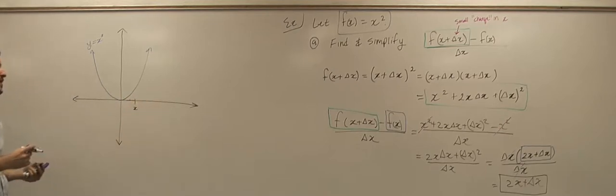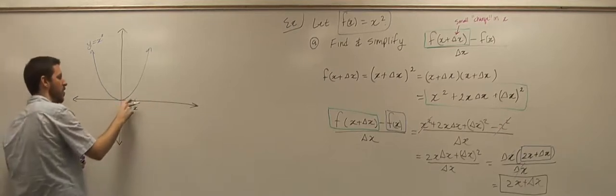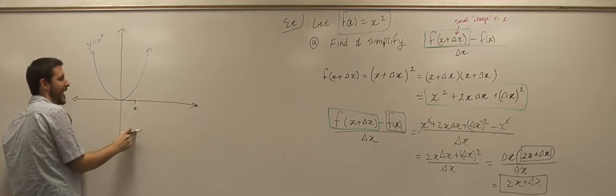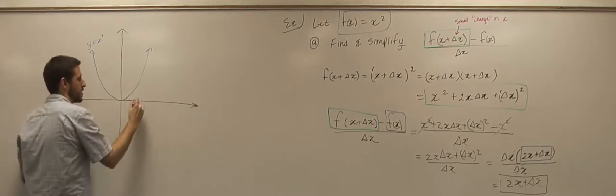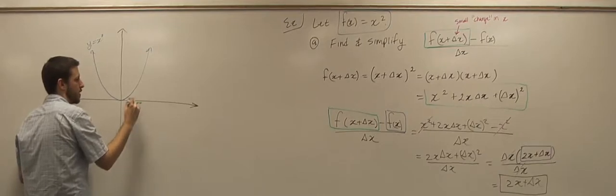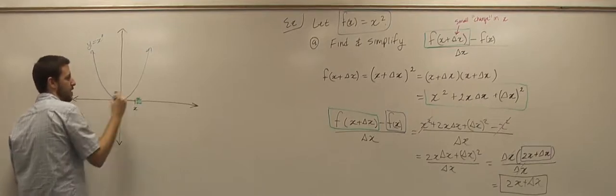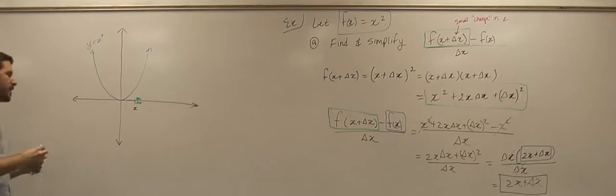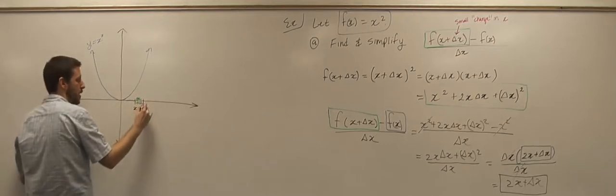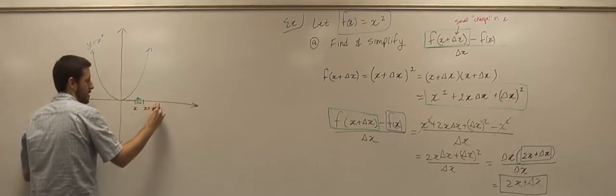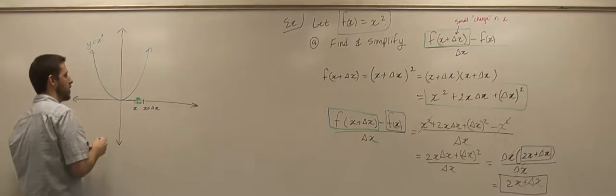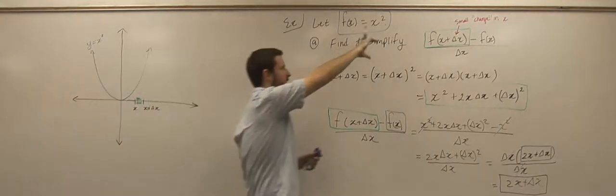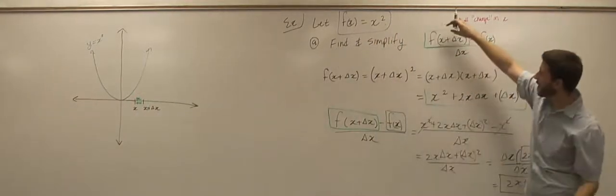Delta x is going to represent a small change in x, so it's a small quantity that you're going to consider adding to x. So maybe delta x is just this little portion right here, and that brings you to x plus delta x. So what the difference quotient is telling you, which is what this represents, right? This is called the difference quotient.